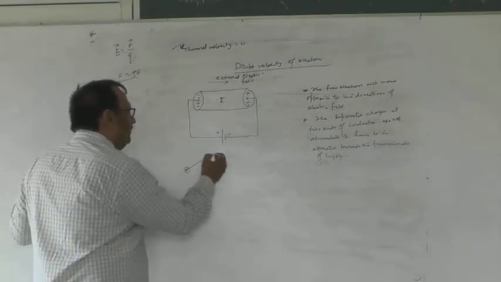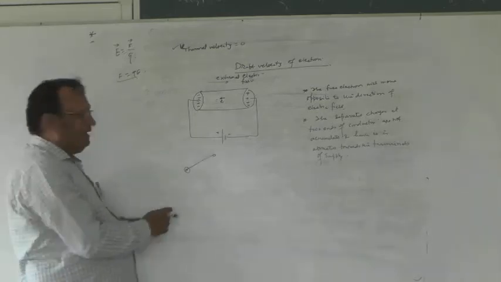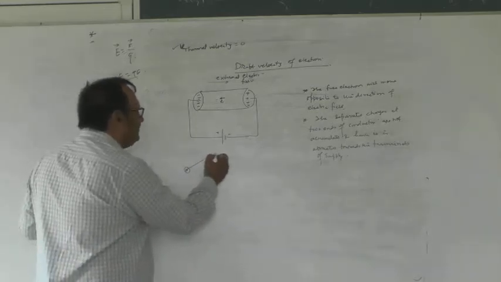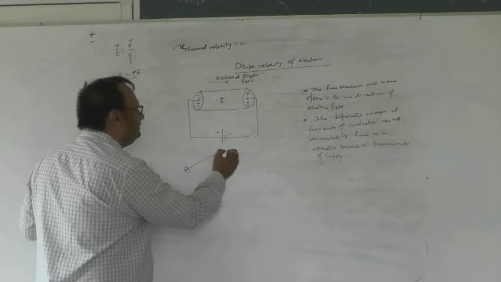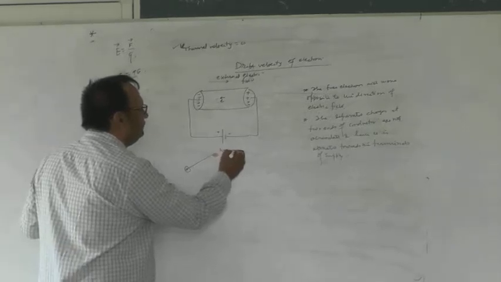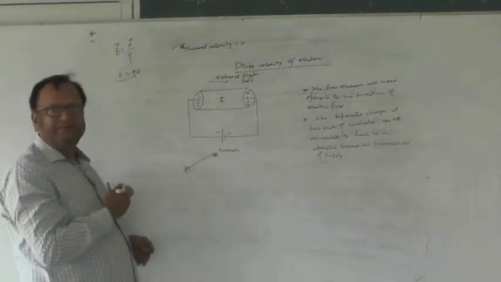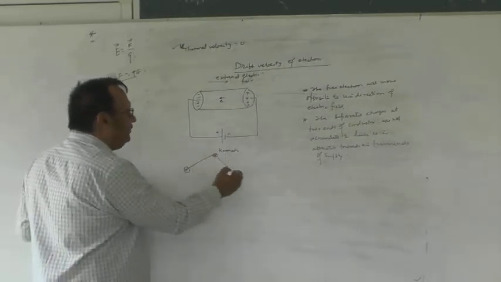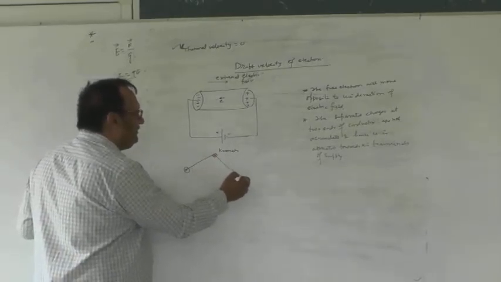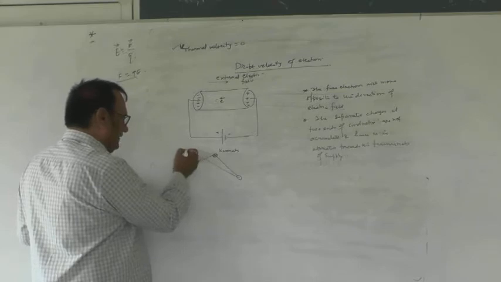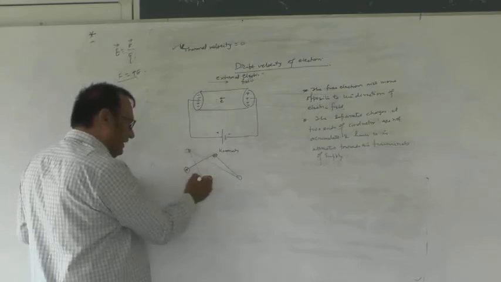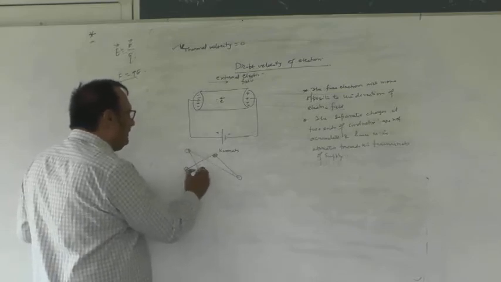This electron will move randomly. It will collide with the kernels and other molecules, atoms, moves towards here, then towards here. I have told you, just randomly. Suppose it will come to this place.